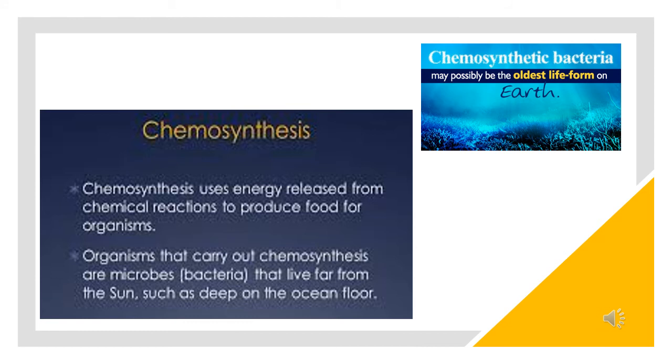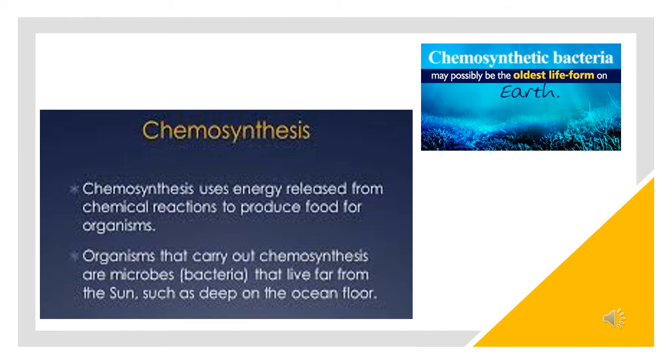Okay. So organisms that carry out chemosynthesis are microbes, usually bacteria, that live far away from the sun. Means they are found deep in the ocean. So they are found on the ocean bed, and since the sunlight cannot pass over there, they cannot prepare their food with the process of photosynthesis.